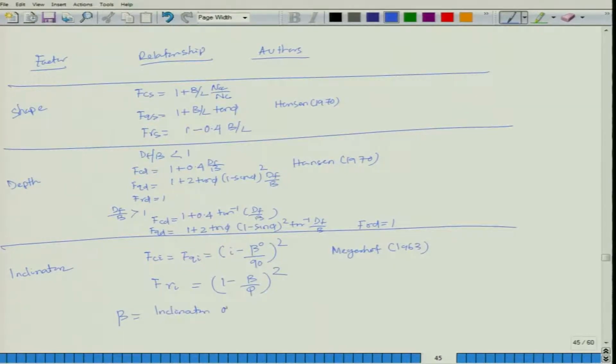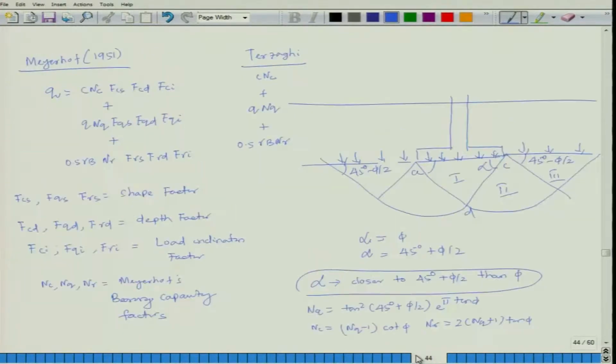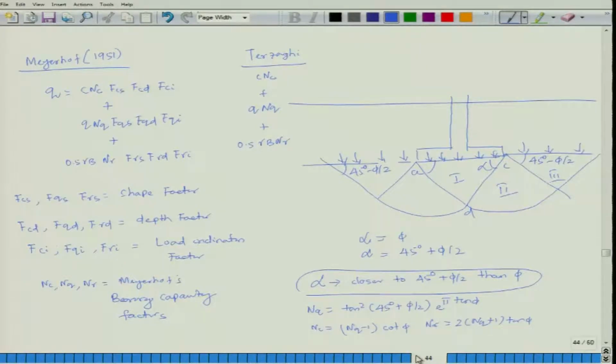Suppose this is my load and this is my footing, then this is the inclination. So these shape, depth and inclination factors given by Meyerhof and Hansen can be utilized in Meyerhof's theory, and you can get the bearing capacity for any shape, any depth, any load inclination of your foundations.